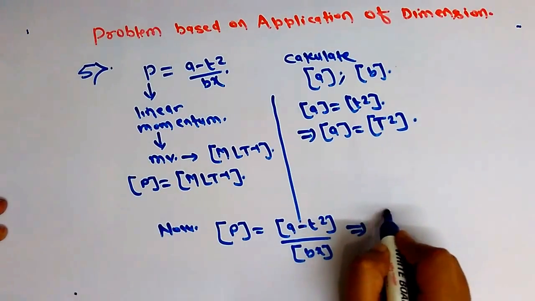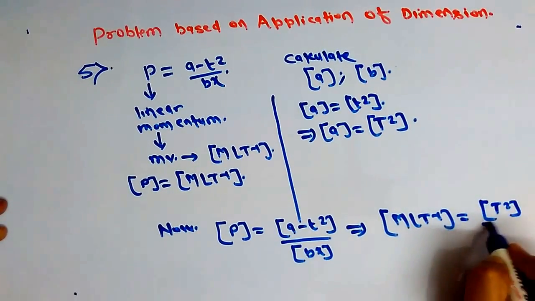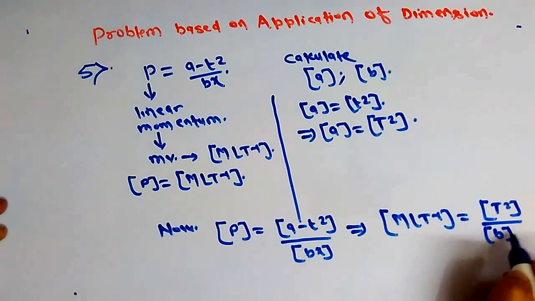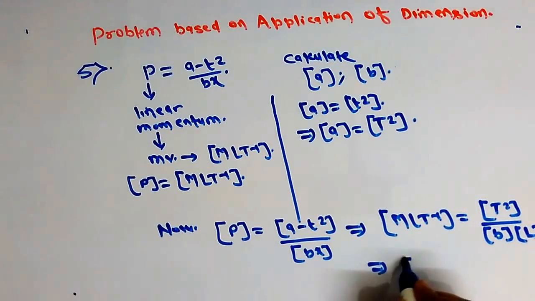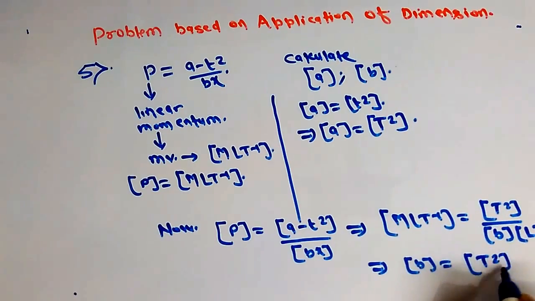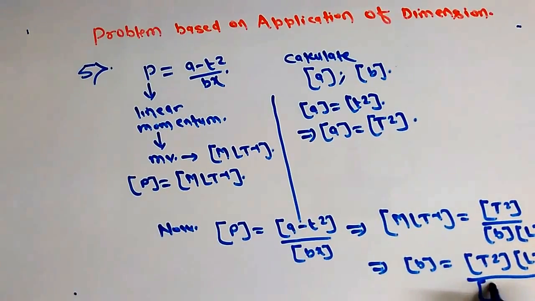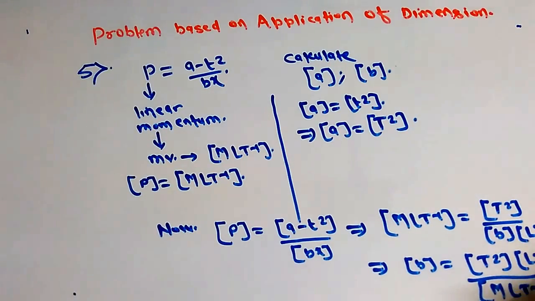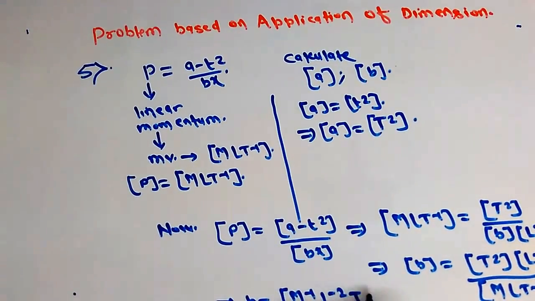So it can be solved as M L T minus 1 equals t square upon b into L. So the dimension of B will be t square L minus 1 upon M T minus 1, so B has a dimension of M inverse L minus 2.